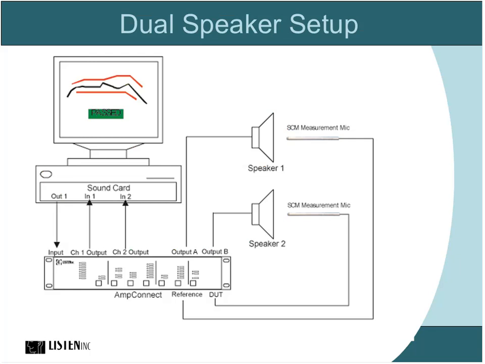The idea is that you would be testing speaker 1 while the operator is setting up speaker 2, and once they've finished that, vice versa. We can configure the software to go back and forth between speaker 1 and the first measurement mic, and speaker 2 and the second measurement mic. This gives you a little bit of flexibility if you want to create a high volume setup using AmpConnect. This can be done for a loudspeaker or a microphone setup.